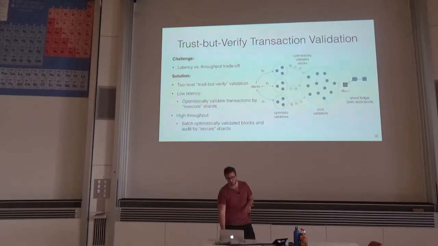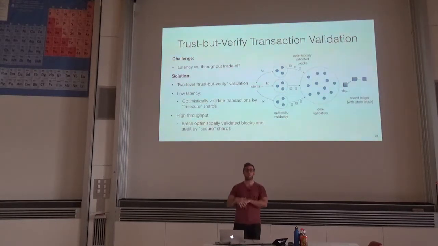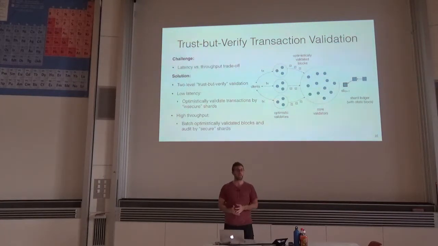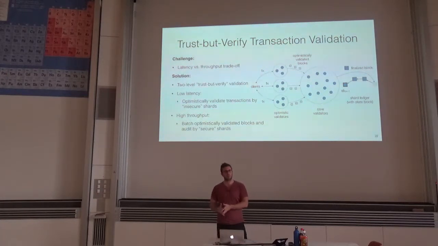But if he wants to wait, there is a second layer of validation where we have these big secure shards that basically collect all the optimistically validated transactions. They revalidate everything, they catch all misbehaviors, and in the end, they create a final correct block. So if you're buying a car, you can wait 1 more minute to make sure that everything is fine.